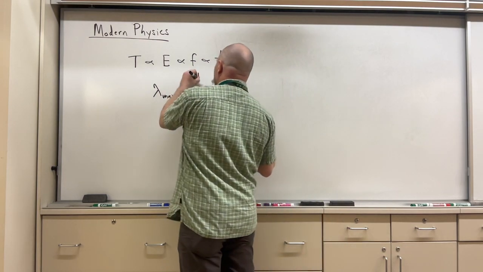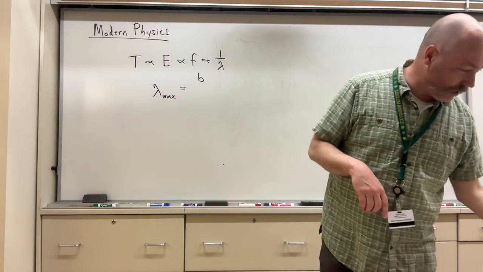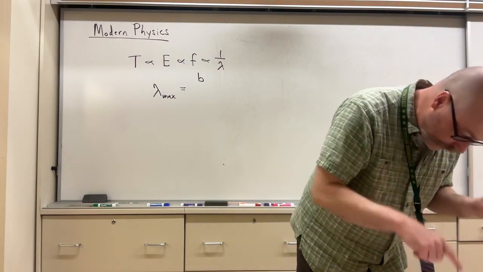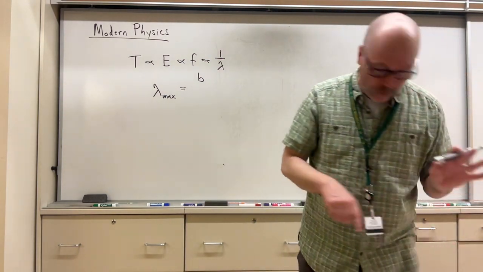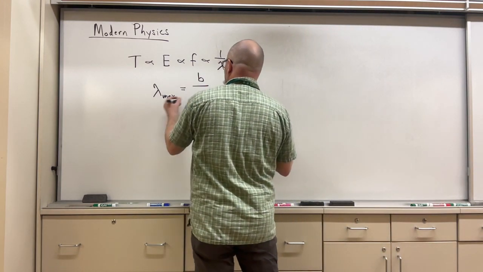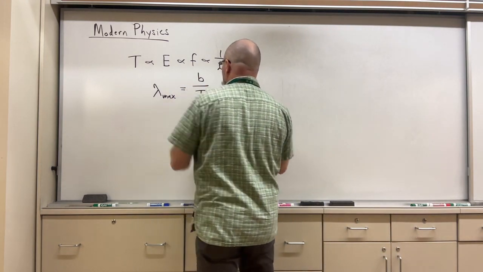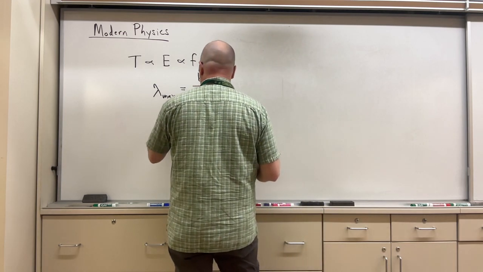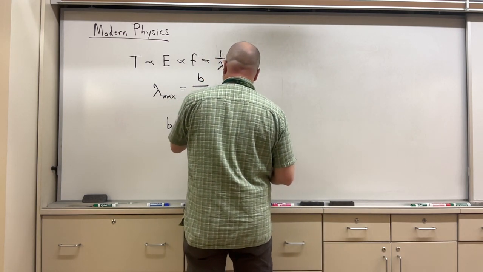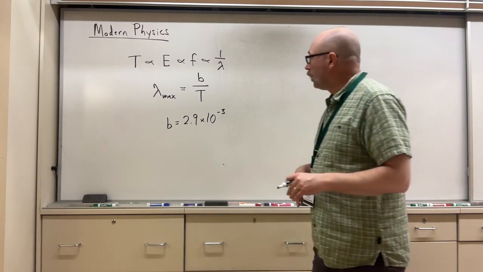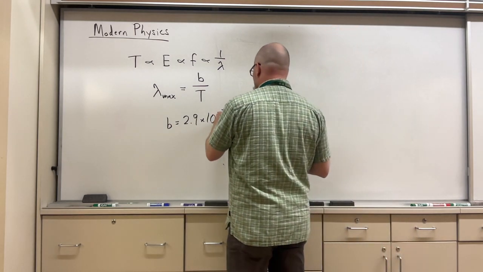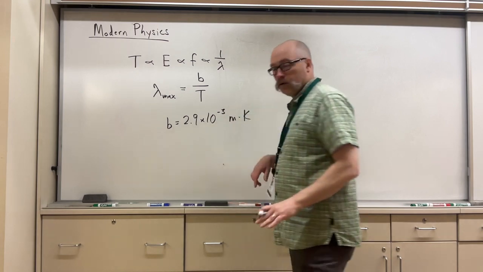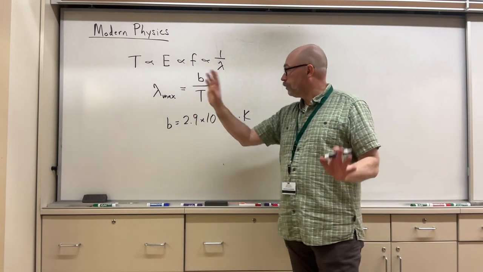It is equal to a constant B over the temperature in Kelvin. B is 2.9 times 10 to the minus 3, and the units are meters times Kelvin, so that you end up with meters, okay?